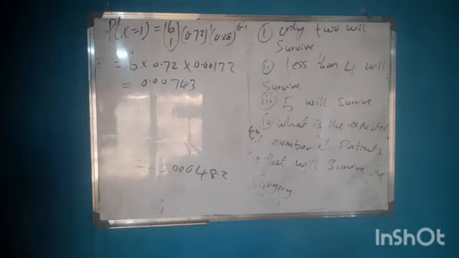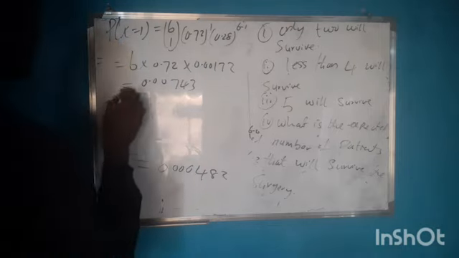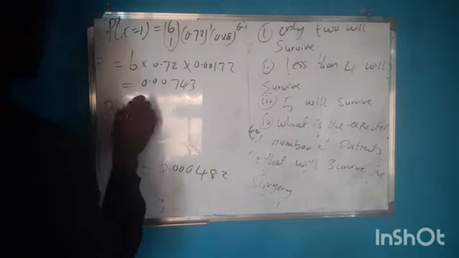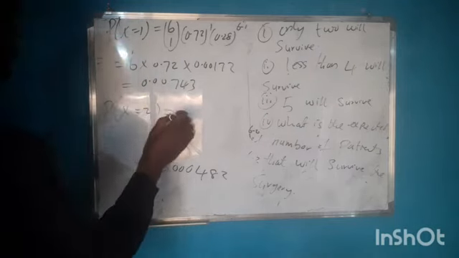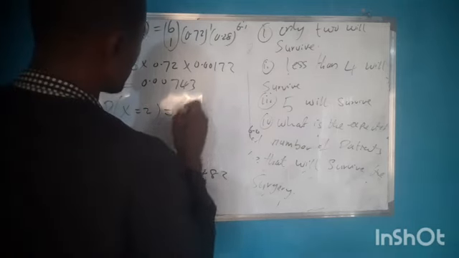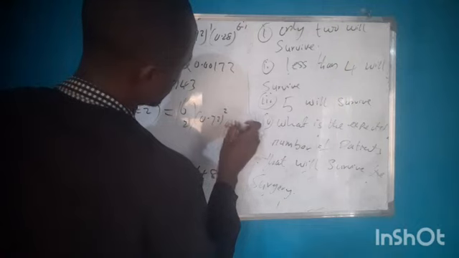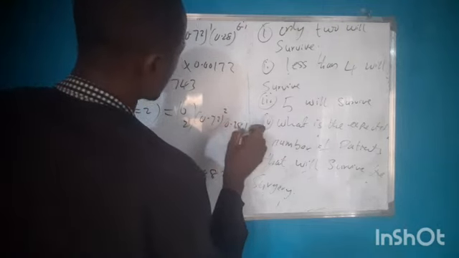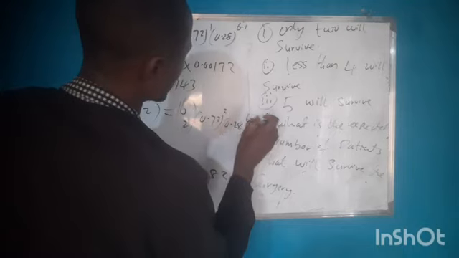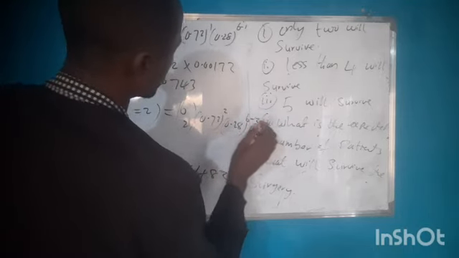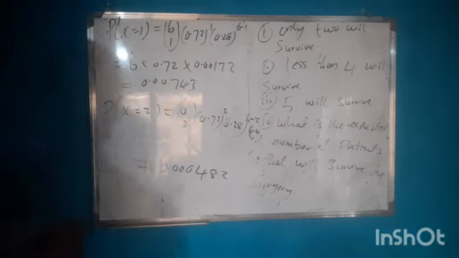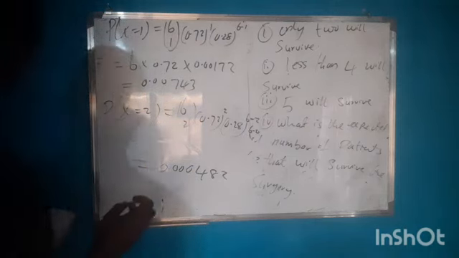So this is the probability of x equals 1. Now the probability of x equal to 2 is equal to 6 combination 2, 0.72 raised to power 2, 0.28 raised to power 6 minus 2, which we have written to be 0.0478.